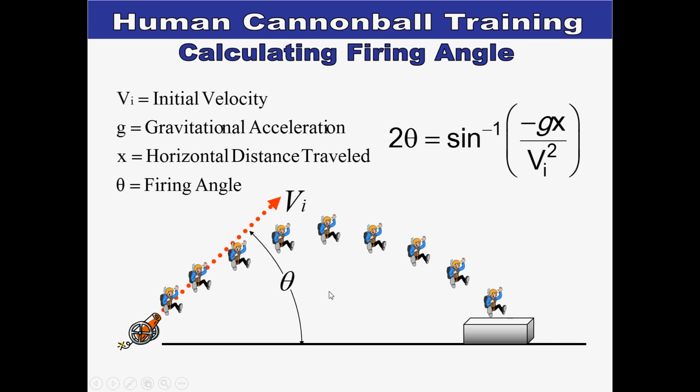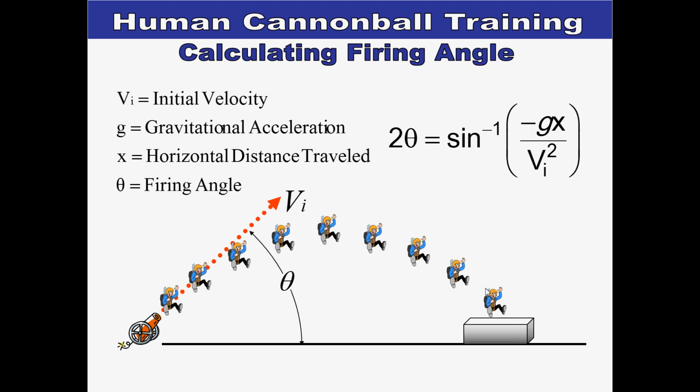Now, I do want to point out something. There actually are multiple different angles here. For example, if I calculated theta and I got 20 degrees, that's fine. 20 degrees will get you here, but actually, if you take 90 minus whatever angle you get, that angle will also work. So 20 degrees will go the same distance as something fired at 70 degrees.